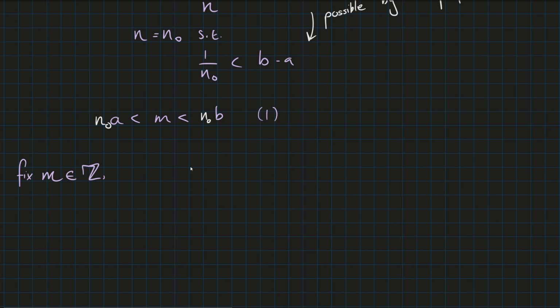This is how we're going to do it. We're going to think about the set A, which is the set of all m in n such that m is bigger than a n naught.